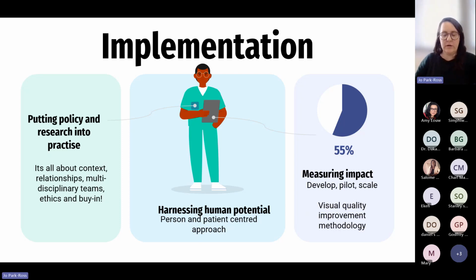That's what we're doing after all: harnessing human potential through both a person- and patient-centered approach. We want to make sure that the healthcare we're providing is friendly for humans and is what they want and need. But most importantly, these programs are not useful unless we have the data to inform them, and we also have planned impact measurements from the beginning. We're going to talk about the model for improvement in a second, but developing, piloting, and scaling is the aim of most programs.